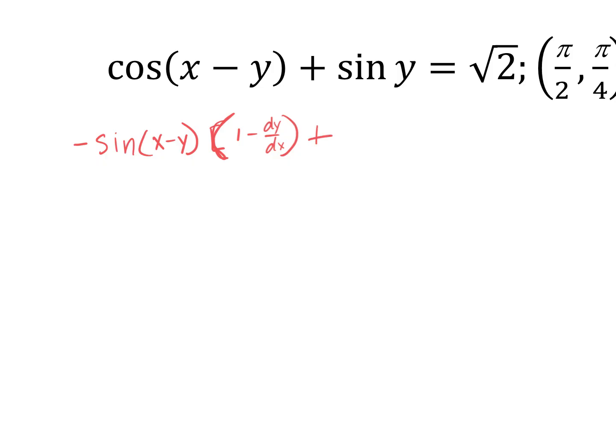And then plus sine of y. What's the derivative of sine y? Cosine y dy/dx. And then the derivative of that square root 2 is 0. All right, from here, I would distribute that sine of x minus y.